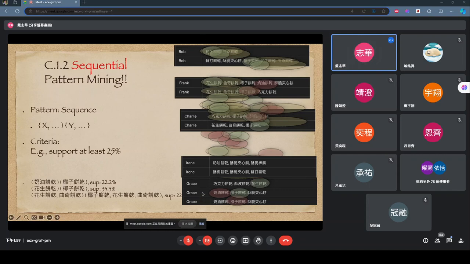So 3/5 customers take Pina first, and then coconut. That's sequential pattern mining.